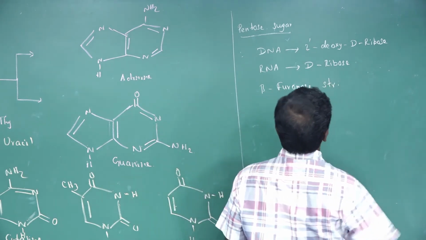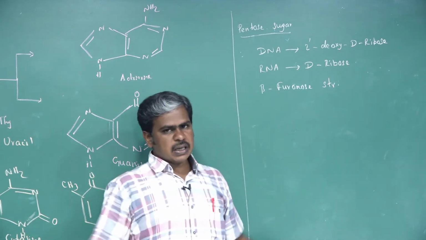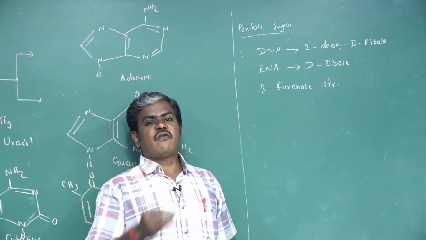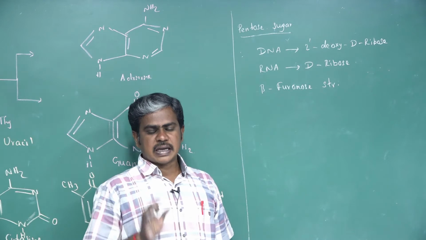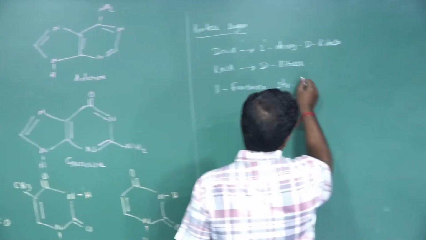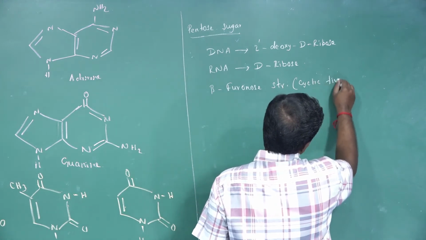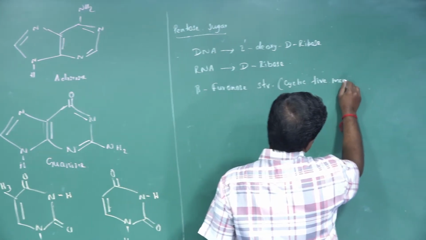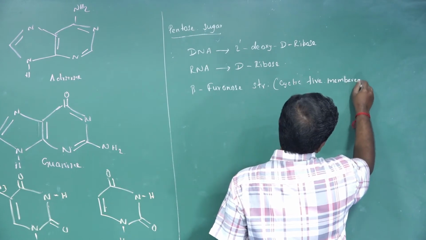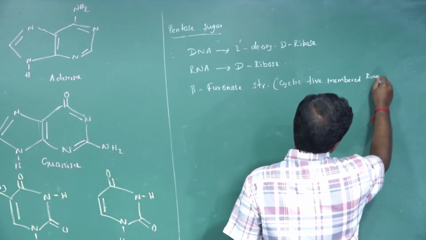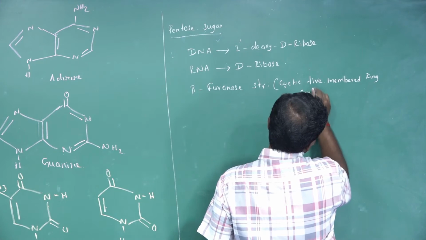What is beta furanose? Beta furanose is nothing but a cyclic 5-membered ring which contains oxygen.